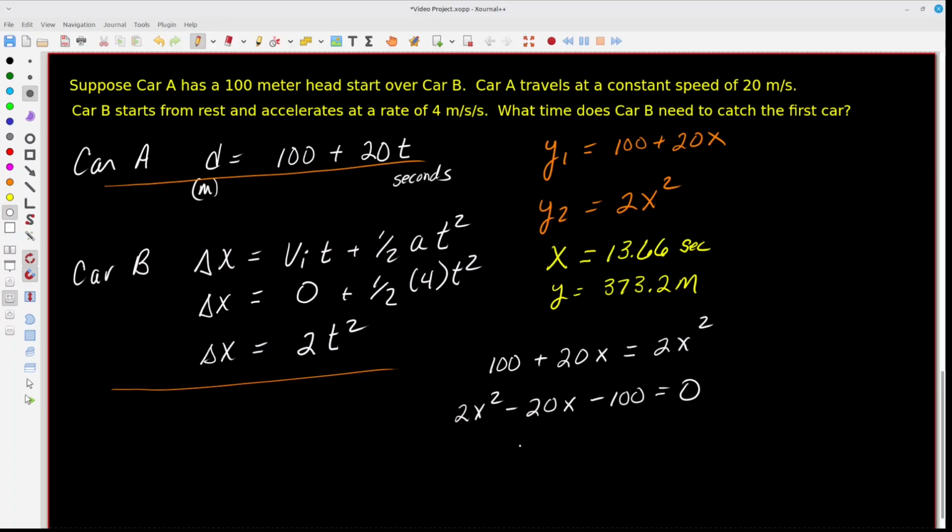And when I solve for x in the quadratic equation, I get x is equal to, again, 13.66 seconds. Then if I take my y equals, let's take the first one here. So 100 plus 20 times 13.66. Okay, again, I get 373.2 meters. So the answers check out.